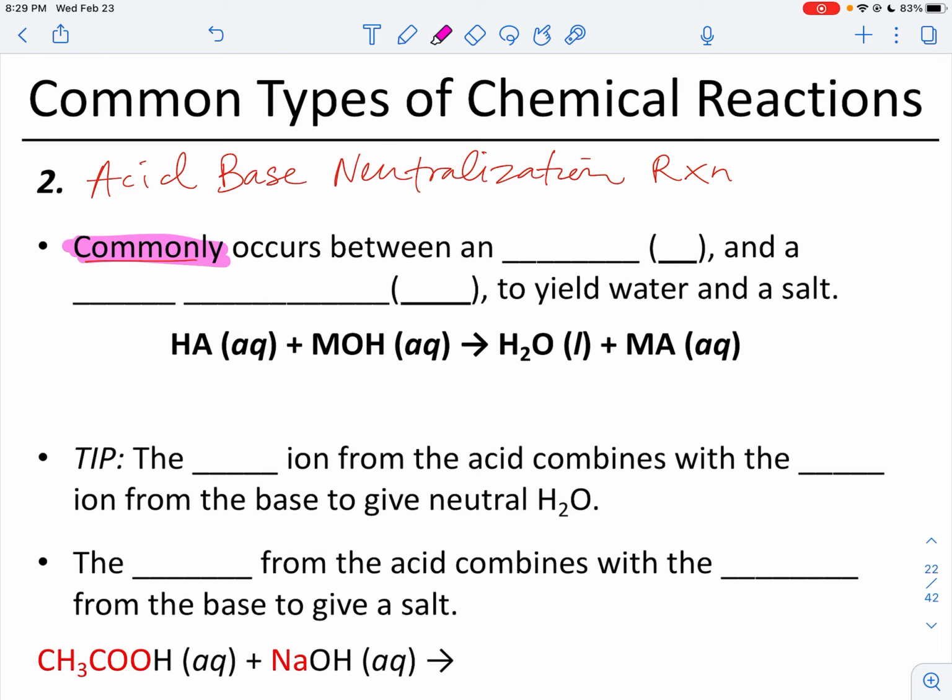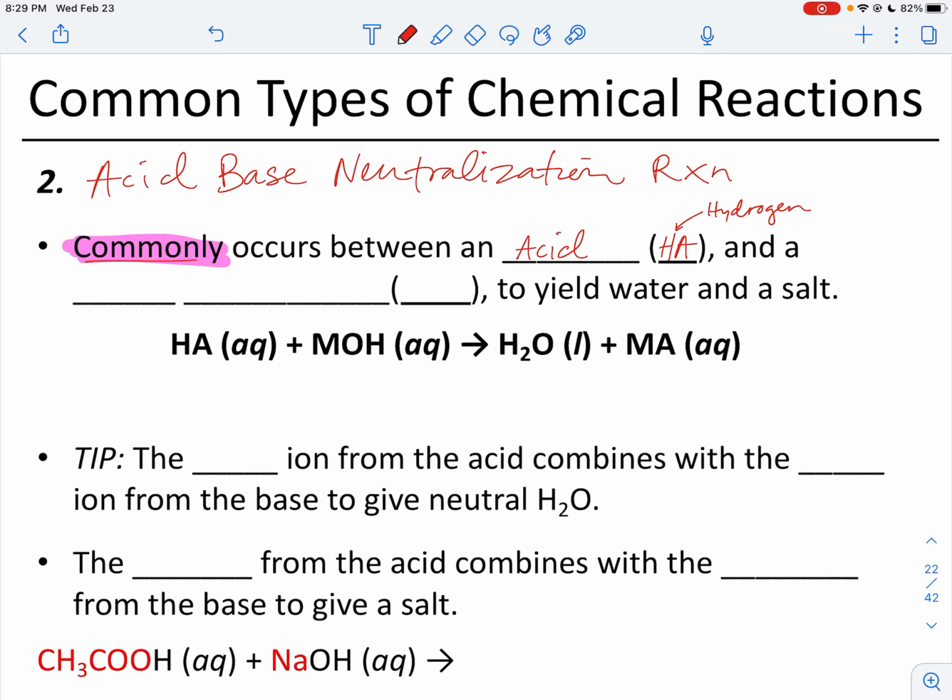So commonly, but not always, an acid-base reaction will occur between an acid, and we're going to represent an acid as HA, because acids always have hydrogen in them. There's probably multiple ways to define what an acid is, but it has a hydrogen, and it donates that hydrogen to the base.